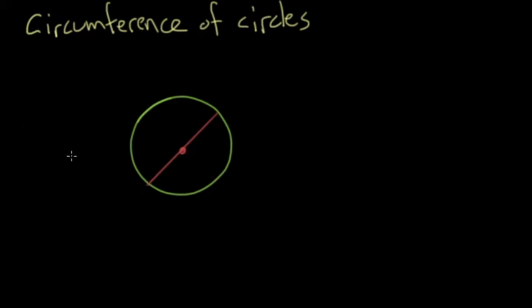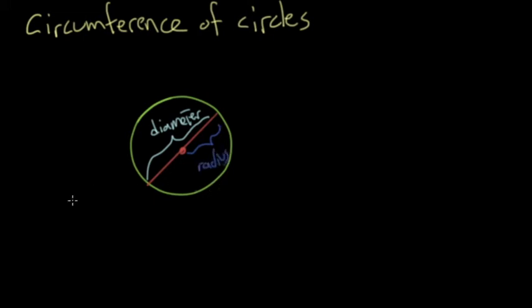These are words that your math teacher is going to want you to know. So we have this part here, and we call that the diameter. And if we took only half of the diameter, we would call that the radius.